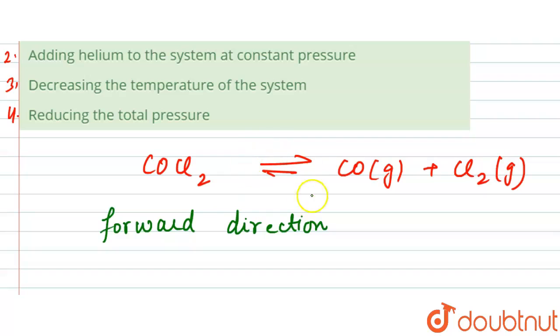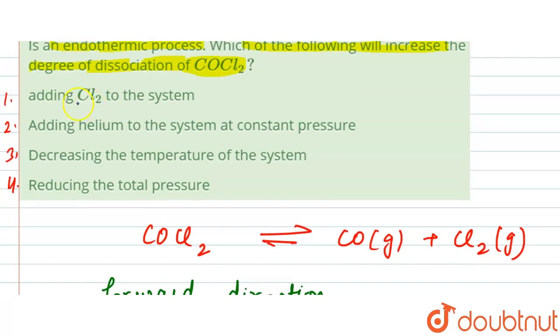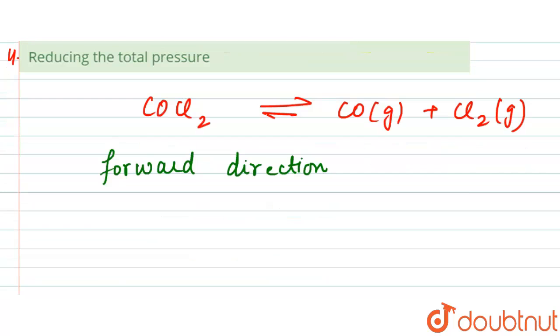So this reaction is at equilibrium and we want to see what we should add so that the reaction proceeds in the forward direction. First we have adding Cl2 to the system. Cl2 is the concentration of the product.